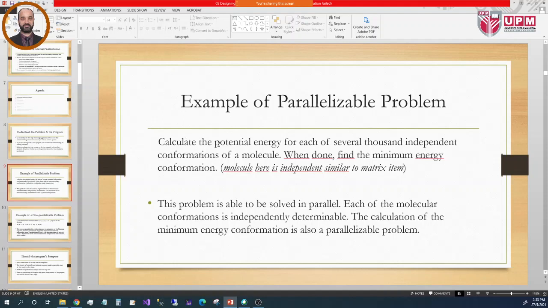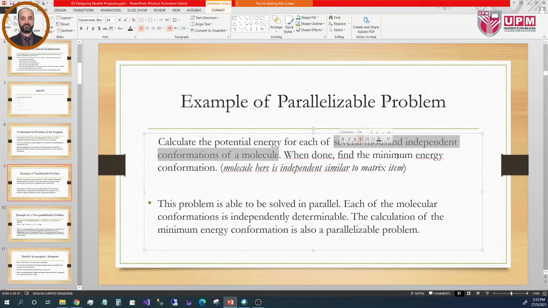So here: calculate the potential energy for each of several thousand independent conformations of a molecule. Okay, I know this is out of the computer science area, but anyhow, I tried to make it easy for you.